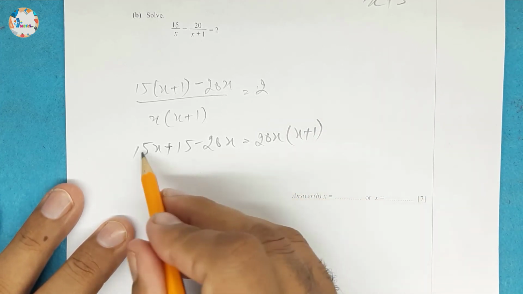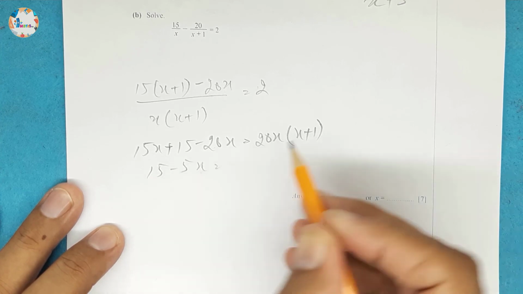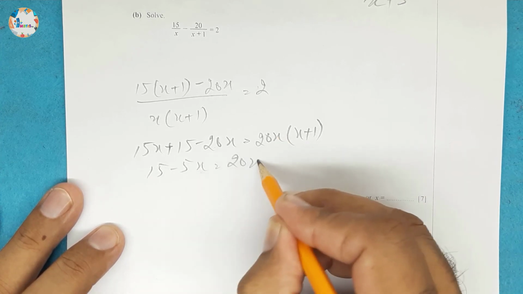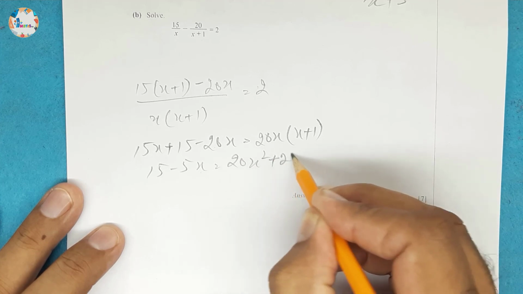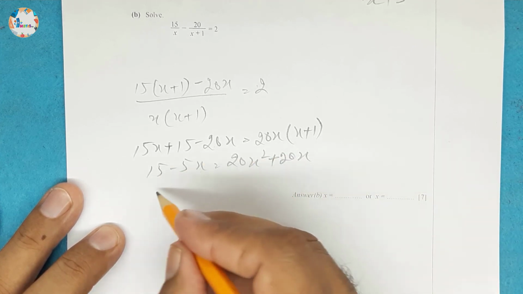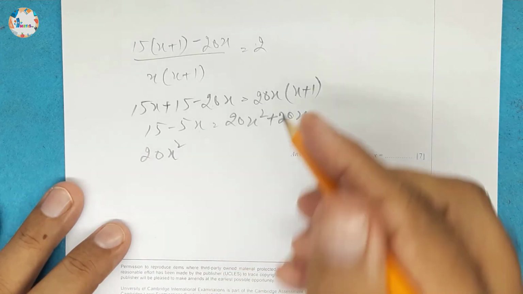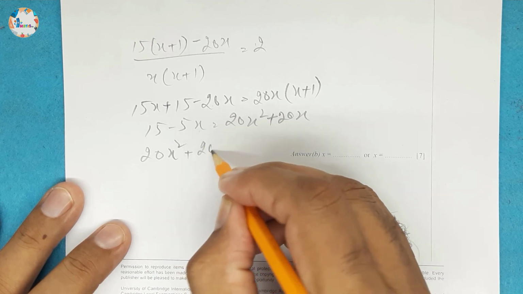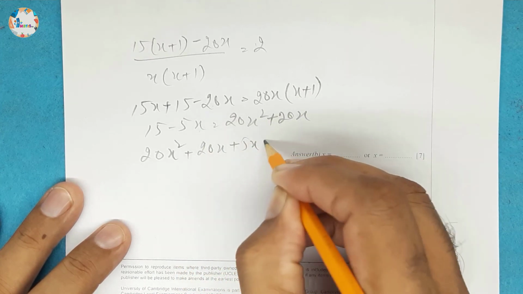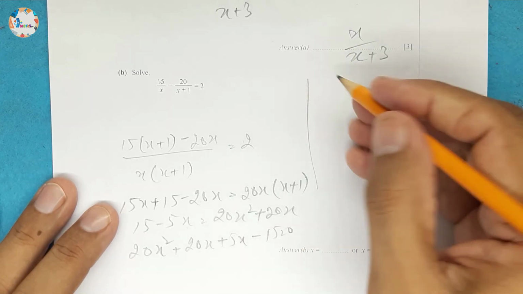And now we can simplify, this will be 15 minus 5x is equal to 20x squared plus 20x, and now we have to send this to the side, so our quadratic equation will be 20x squared and plus 20x plus 5x minus 15 is equal to 0, and we can solve this quadratic equation.